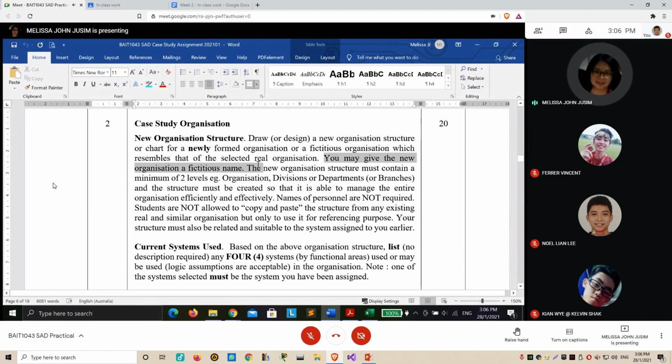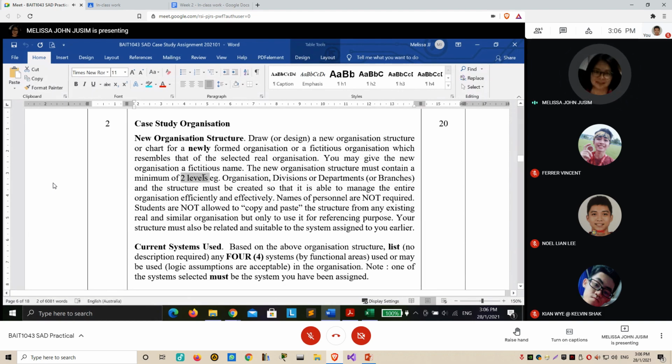Give the new organization a fictitious name, and then your organization structure. Organization structure is a chart, yeah. The CEO perhaps at the top, followed by the managers according to the departments or divisions.